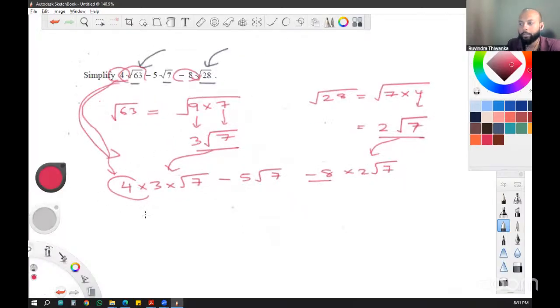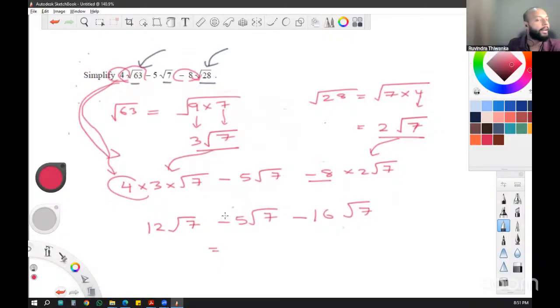So it is 4 times 3 is 12 root 7 minus 5 root 7 minus 16 root 7.